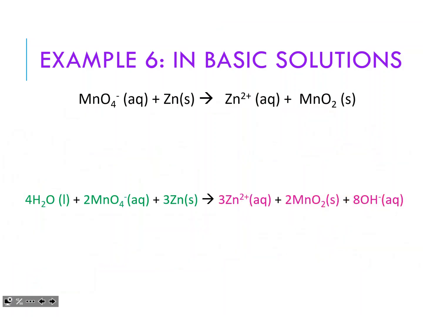And it cleans up nice and pretty. So this is the balancing in basic solution. You have to add in the OHs at the end based off the number of hydrogens in your reaction.